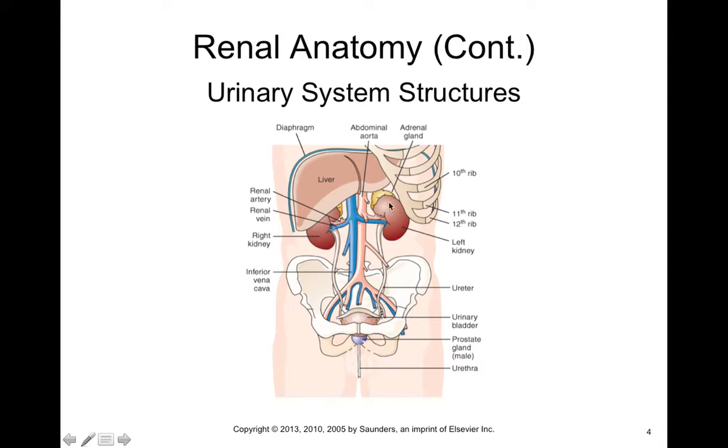The kidneys have a muscular tube that connects down towards the urinary bladder called the ureter. So each kidney has its own ureter that carries urine down towards the urinary bladder, and the urinary bladder can store that urine until micturition, or voiding, or elimination of that urine.